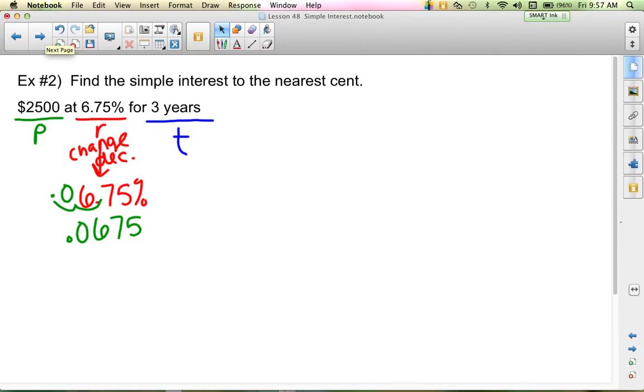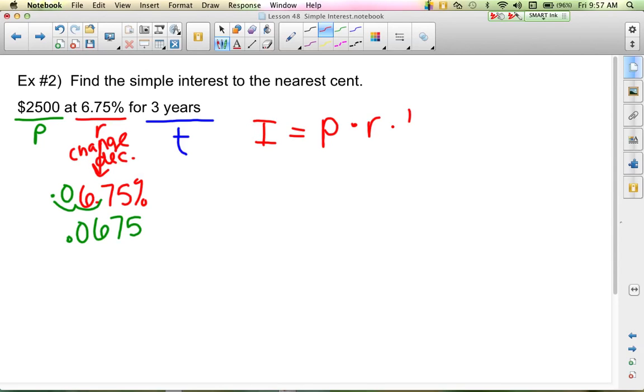Okay, so let's set up our equation. We have interest is equal to the principal times the rate times the time. So my interest is equal to my principal, which was $2,500, times the rate, which is the decimal part, 0.0675, times the time, which is the 3 years.